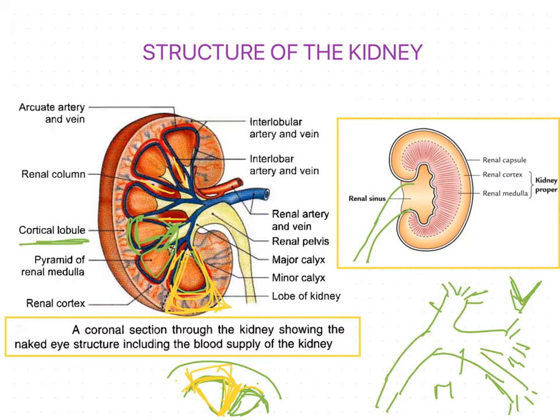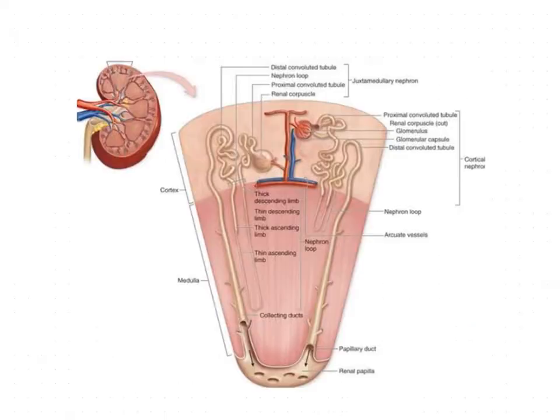Another important thing you have to know is that the structural and functional unit of the kidney is called the nephron, which is located in the cortex as well as the medulla.